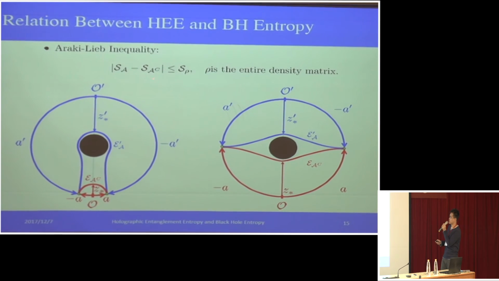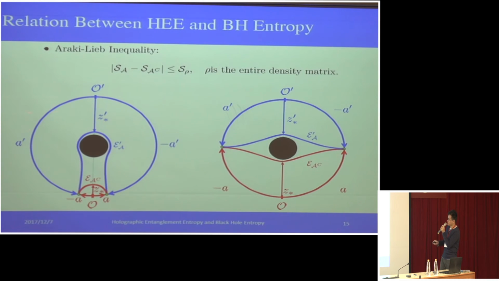It says that when we consider the entanglement of two subsystems, you can calculate the difference between these two entanglement entropies, and its maximum is the entropy of the entire density matrix.